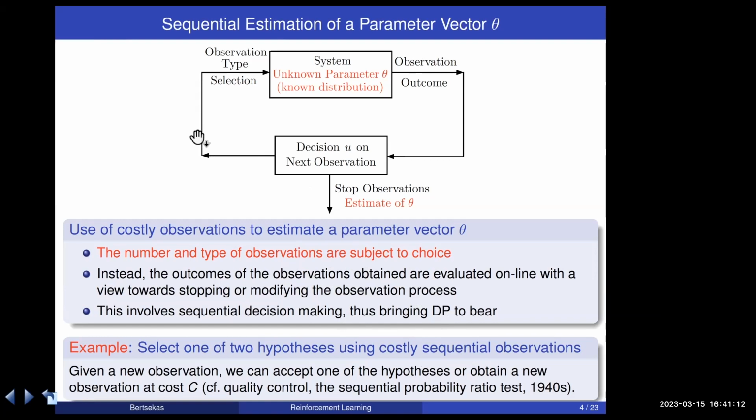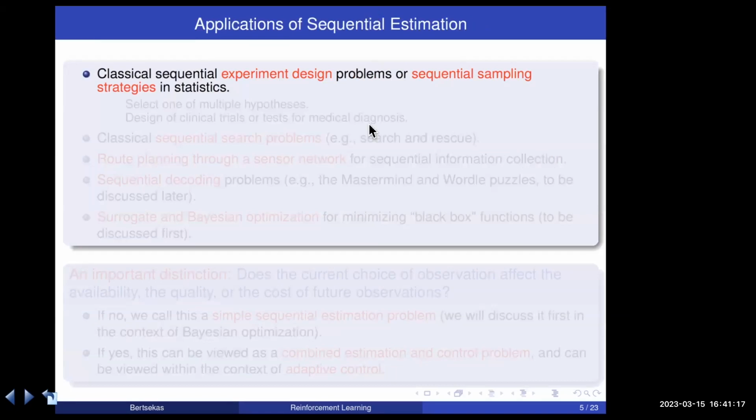So that's a classical application. And there are other applications, extensions of this quality control type of application: statistical design, like selecting one of multiple hypotheses rather than just two, design of clinical trials, and tests for medical diagnosis.